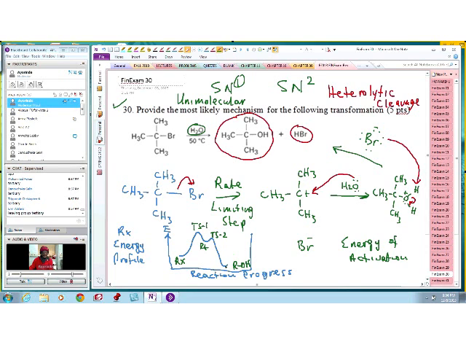Because the product here is more stable than the starting material, you say this is an exothermic reaction, as opposed to, for example, a reaction that is endothermic.